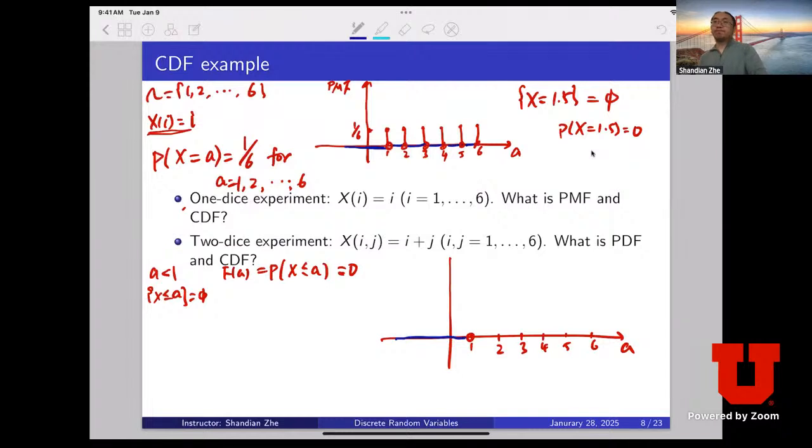Okay, so the second range will be between 1 and 2, so 1 less than or equal to A but less than 2. Again, we want to look at the CDF value. We need to look at what this event represents, right? What's the event?